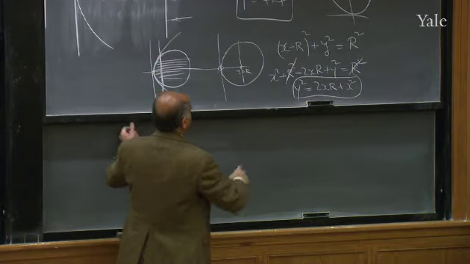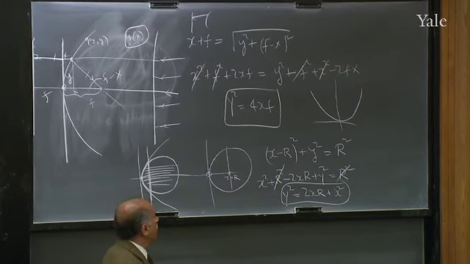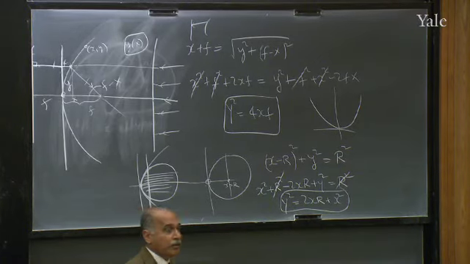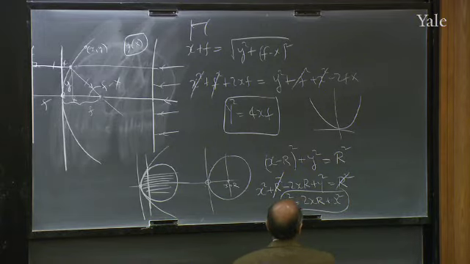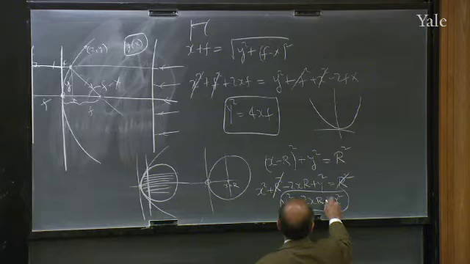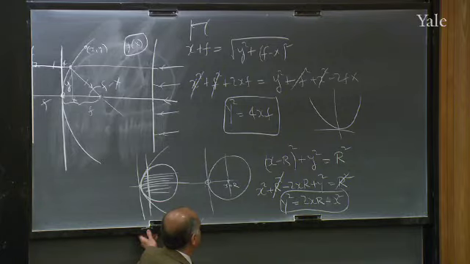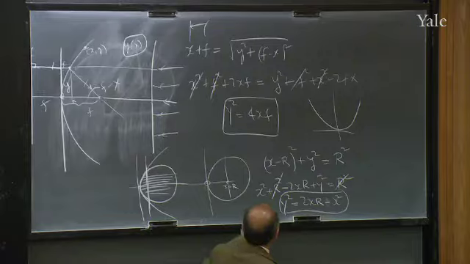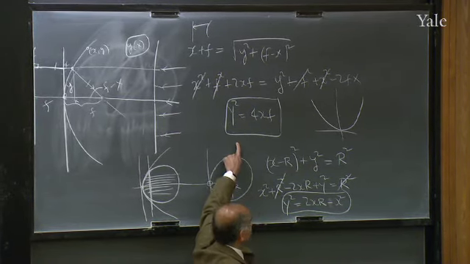Now I want you to compare this equation for a real parabola. They don't look the same. Now, the way to think about this is that but for this minus x squared term, this equation looks like a parabola.